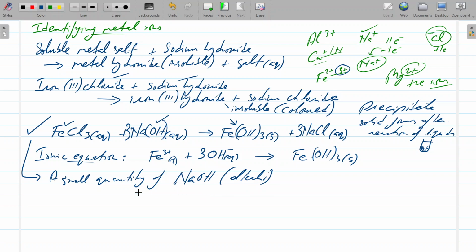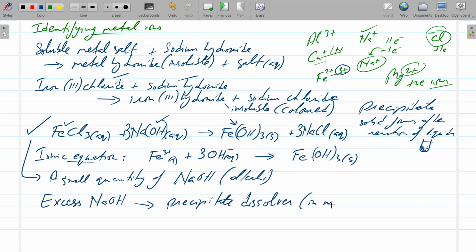Okay, what if you add excess? Excess meaning you add a lot, you add more. When you add more of that, the precipitate in most cases ends up dissolving, so it goes back into solution. In most cases.